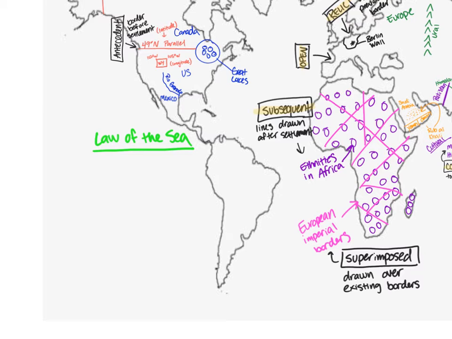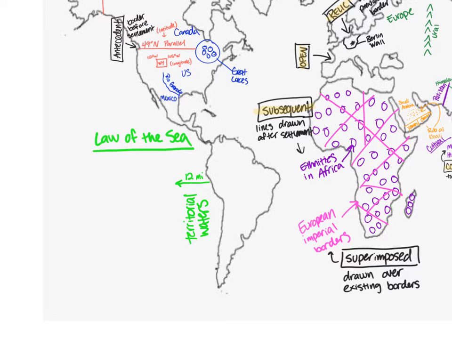So the first zone, I guess you could call it, is the first 12 miles out, okay? So I'm going to draw a little arrow there. The first 12 miles out is called the territorial waters. How do I spell territorial? 2 R's. Territorial waters.